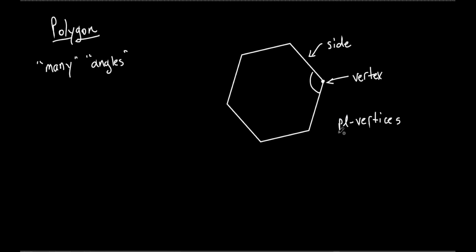So if there's 6 sides, how many vertices are there? 6. There's just as many vertices as angles, right? There are 6 angles. 1, 2, 3, 4, 5, 6. Now, I drew this one so that all the sides are equal to each other and all the angles are equal to each other.